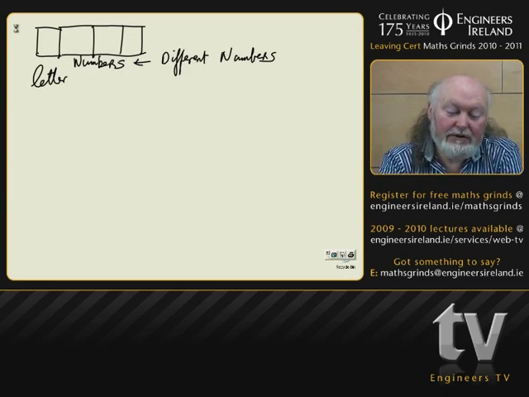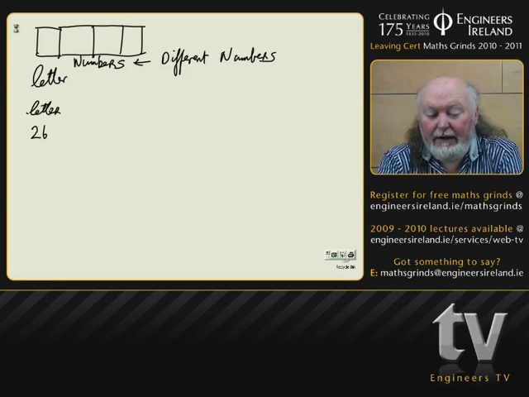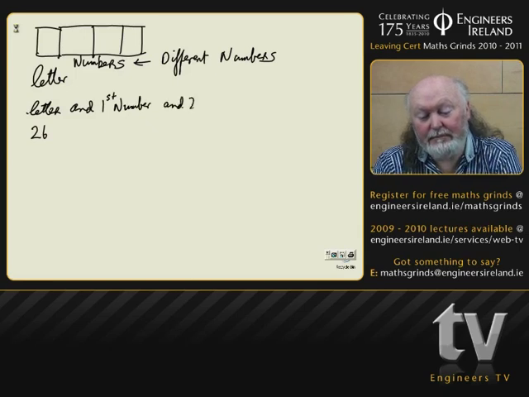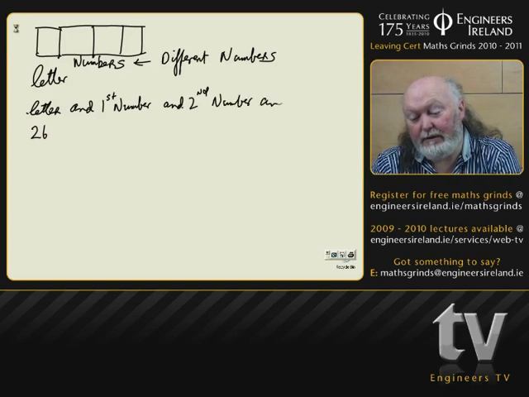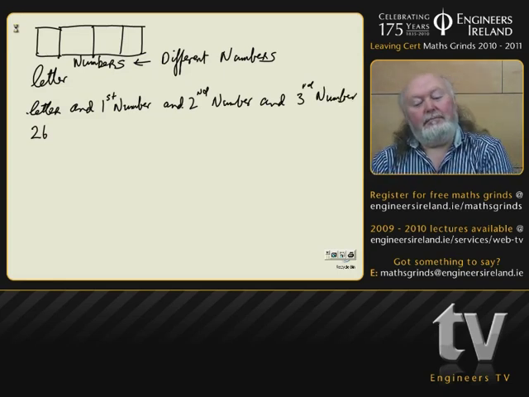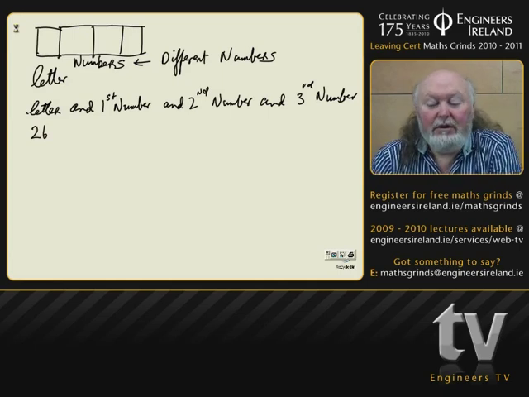So there's 26 choices. So we're getting a letter, and we're now going to pick a number. And we'll pick a second number. And we'll pick a third number. So we've set out what we wish to do here.